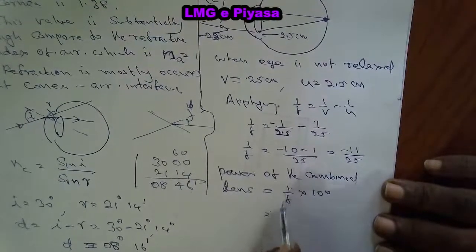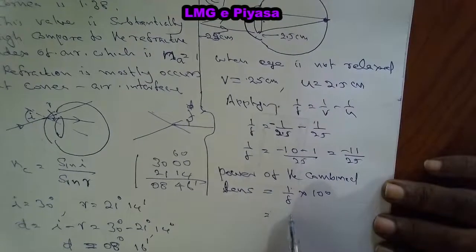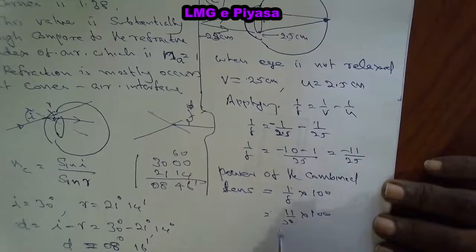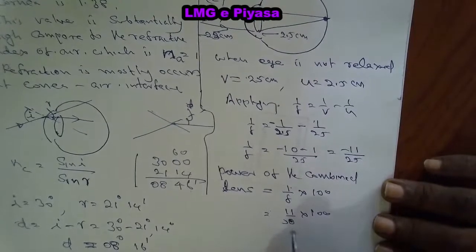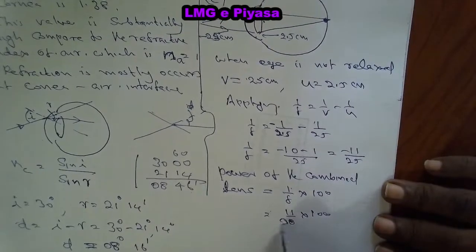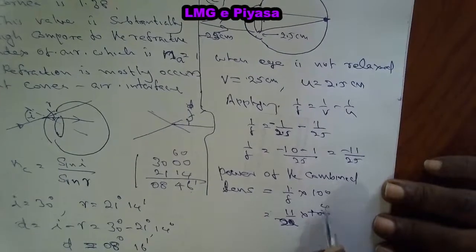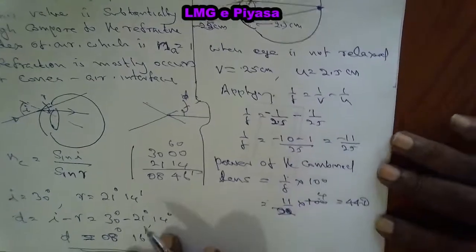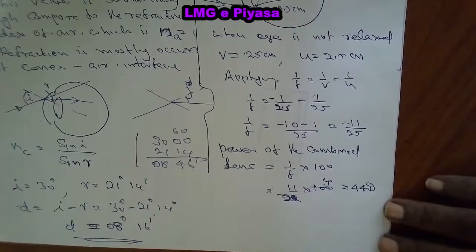So this equals 11 over 25 into 100, which is 44 diopters.